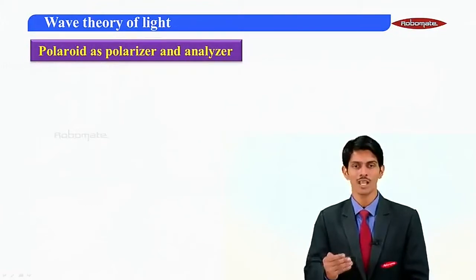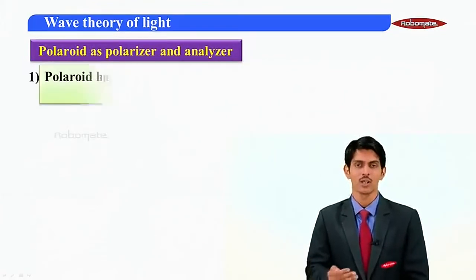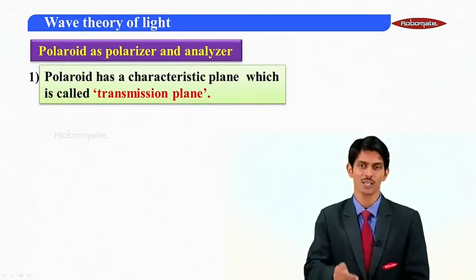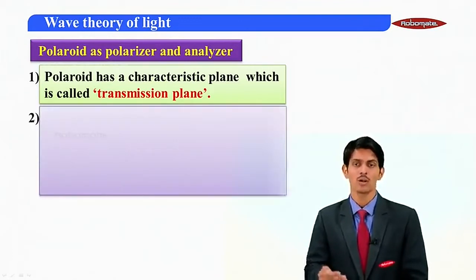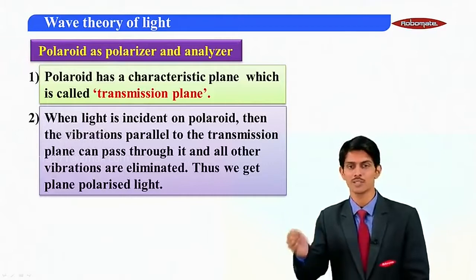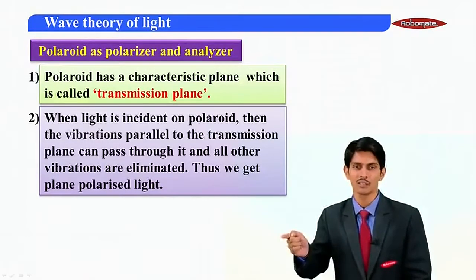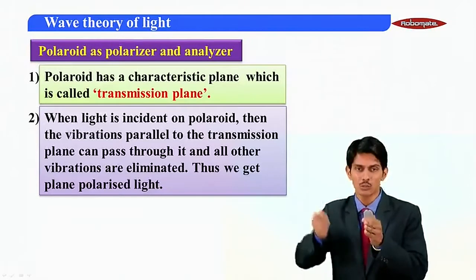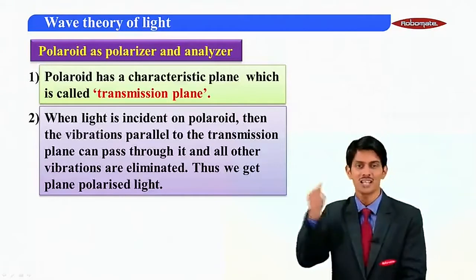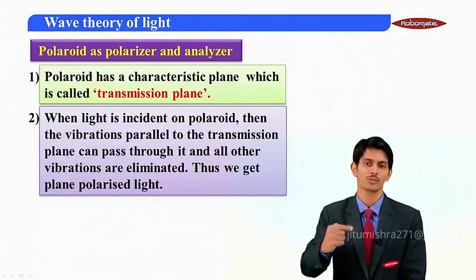Now, how will this Polaroid act as a polarizer and analyzer? In a Polaroid, there is a characteristic plane which is called the transmission plane. When light is incident on the Polaroid, the vibrations parallel to the transmission plane will pass, and all light whose vibrations are in different planes will not pass through that Polaroid.